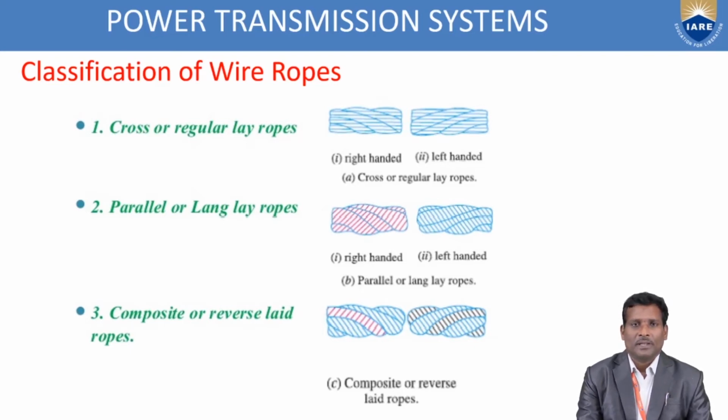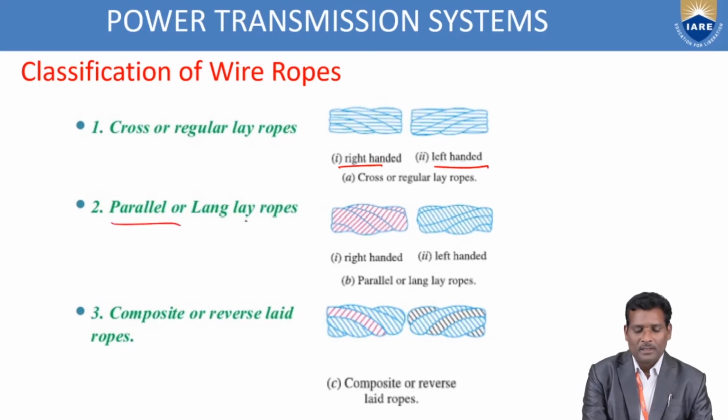So the wire twisting direction and the strand twisting direction are not in the same direction, but opposite. It may be right hand or left hand, so they are classified into right-handed and left-handed lay ropes. These types of ropes are called regular lay ropes.